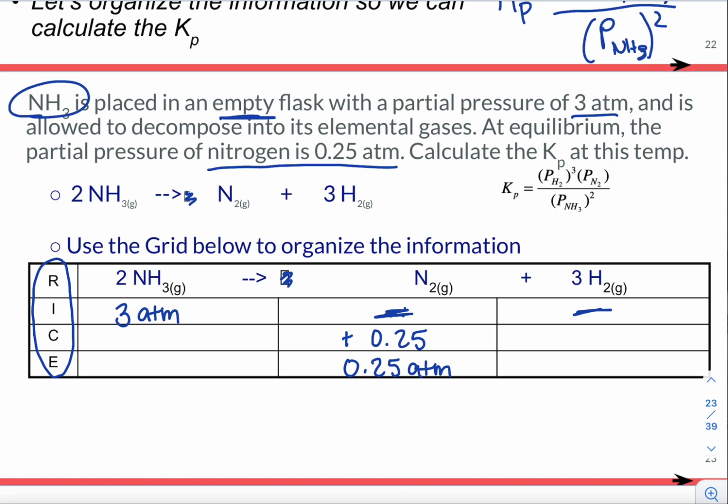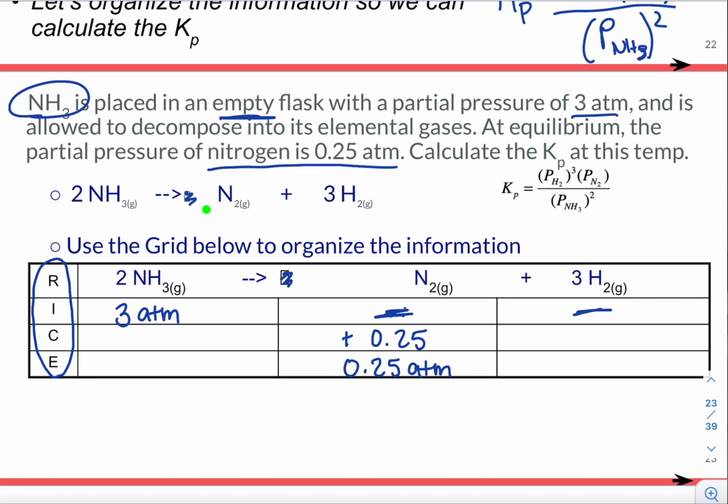All right, so now we need to figure out all this other stuff. This is where your stoichiometry comes into play, okay? If we formed 0.25 of N2, if we use our coefficients, we can see that for every one N2, we formed 3 H2s, right?